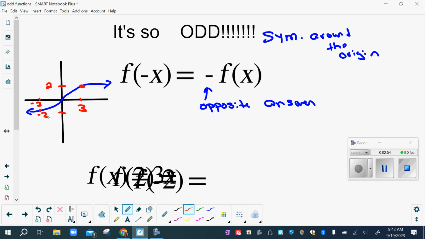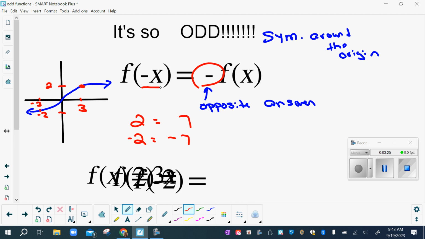What does this even mean? What this means is this: if I plug in a number like 2 and I get 7, then if it's odd, when I plug in the opposite number, I should get the opposite answer. That's all it means.